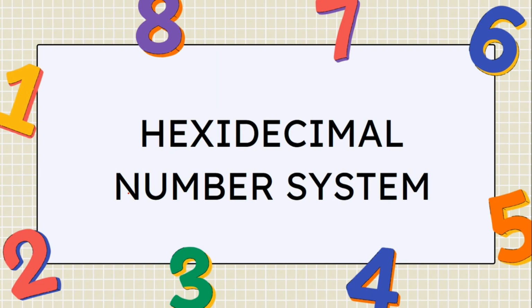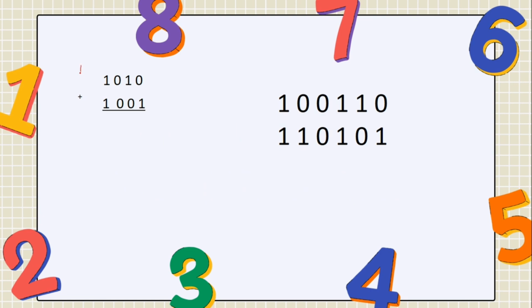For this example number 1, before we start to solve, always remember that 0 plus 0 equals 0, 1 plus 0 equals 1, and 0 plus 1 equals 1. And 1 plus 1 will be 0, bring down 0, carry 1.